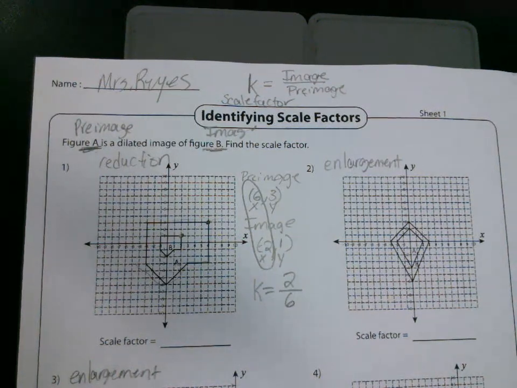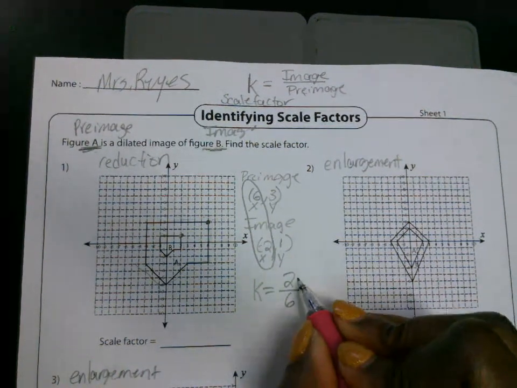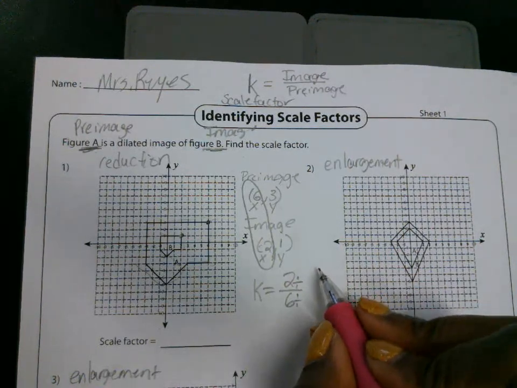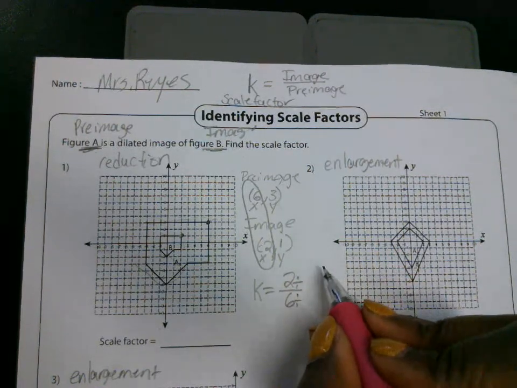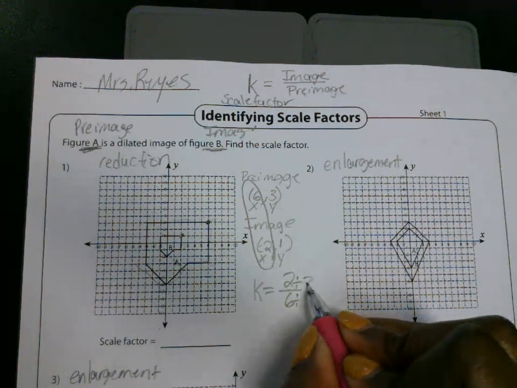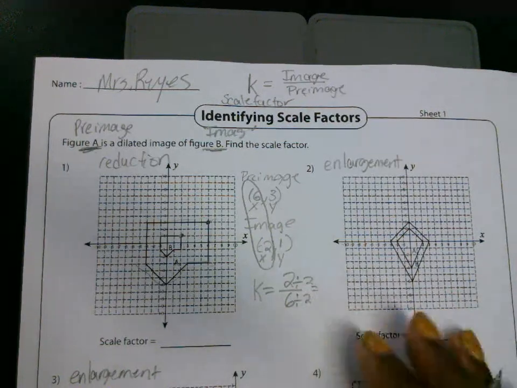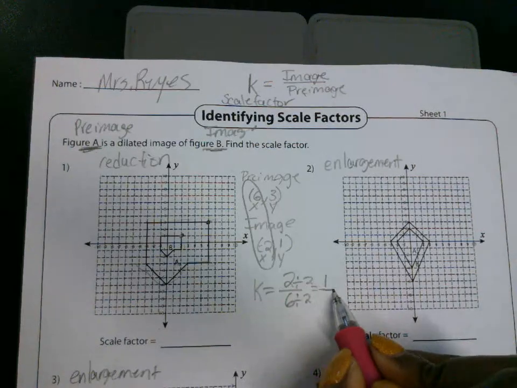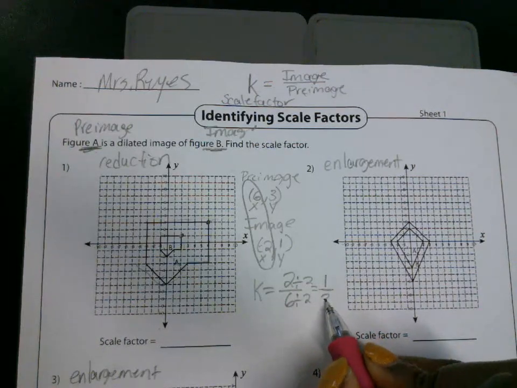Now we reduce the fraction. What do you divide both the top and the bottom by? 2. So what does that give me on the top? 1. And what about the bottom? 3.